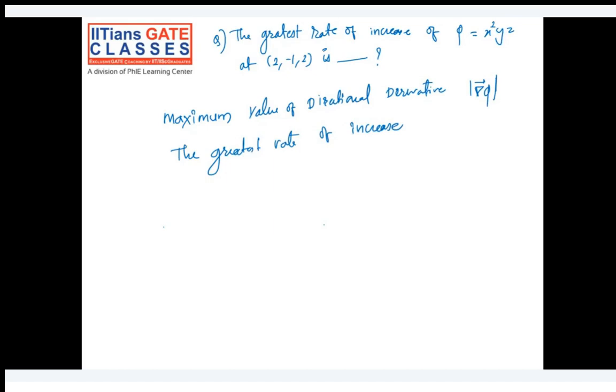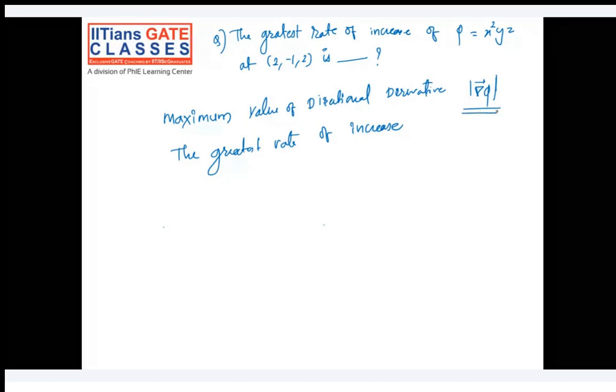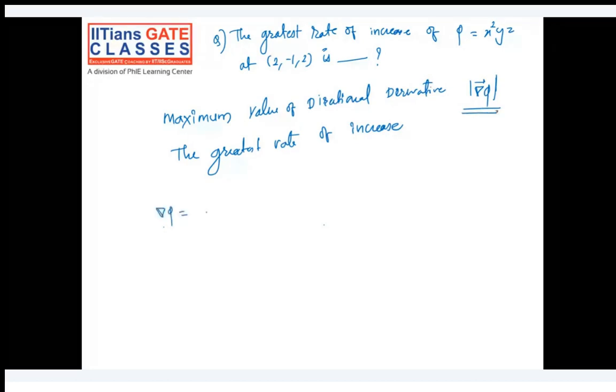So they are just asking you mod of del phi, and so you have to first calculate del of phi and take a mod of it. So del phi will be equal to 2xyz i plus x square z j plus x square y k. And then you want this del of phi at 2 comma minus 1 comma 2.